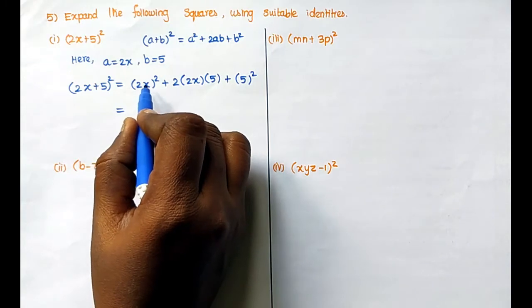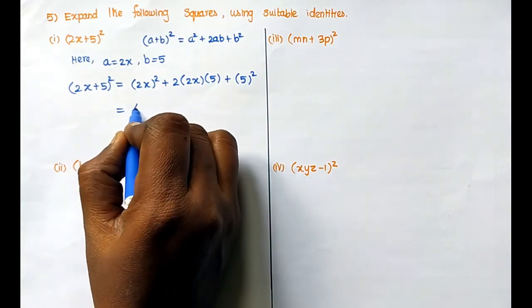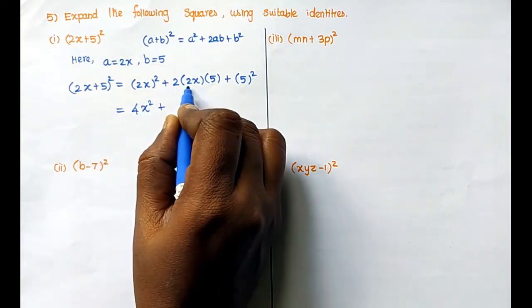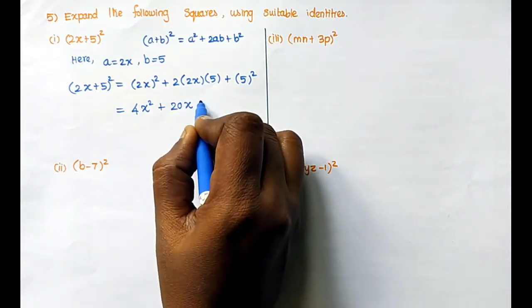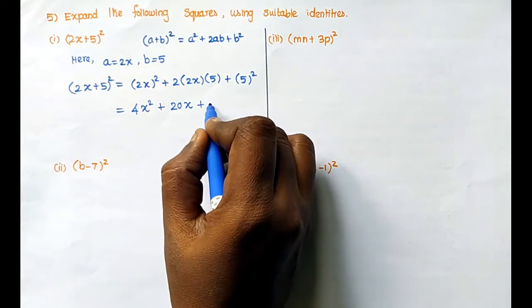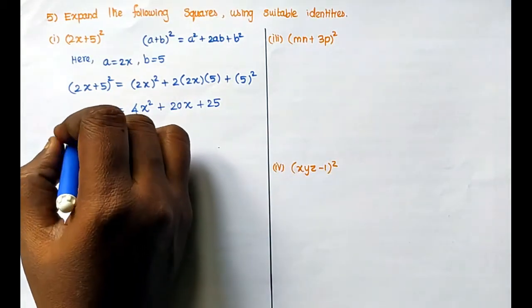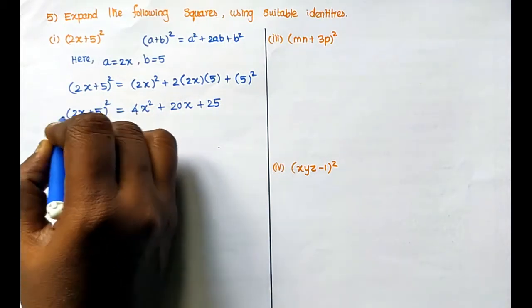Whole squared means the squared for 2 also. So 2 into 2, that is 4x squared, plus 2 2s are 4, 4 5s are 20, 20x, plus 5 squared, that is 25. So that is the answer.